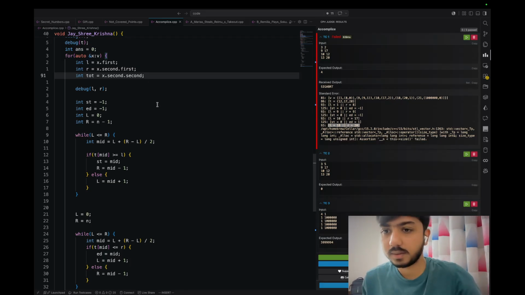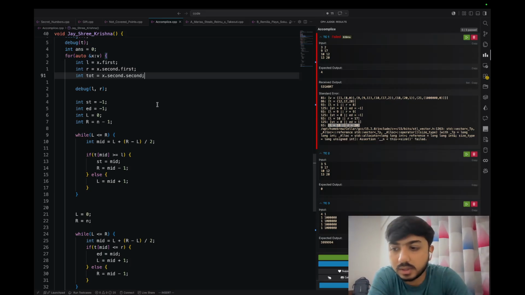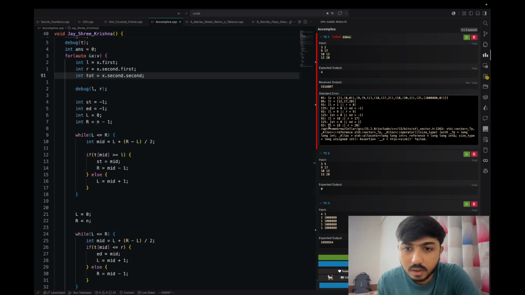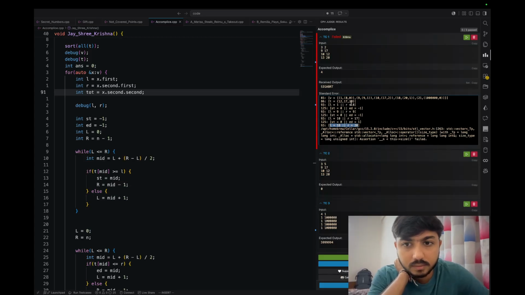That's fine, but we actually don't care about this interval, it's 1 only, right? But still, I want to know why it breaks here. L is 18 and R is 20. It should give 2 comma 2.